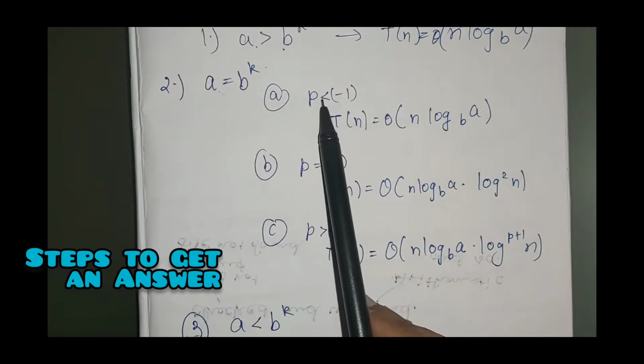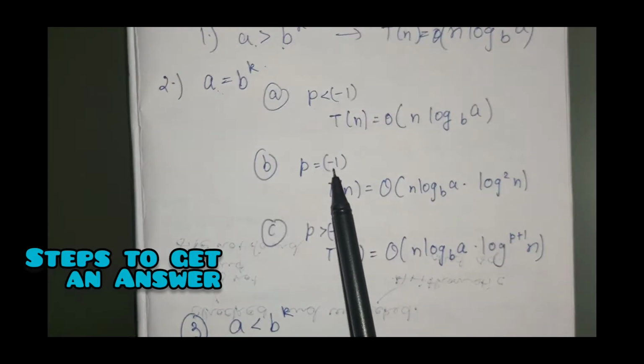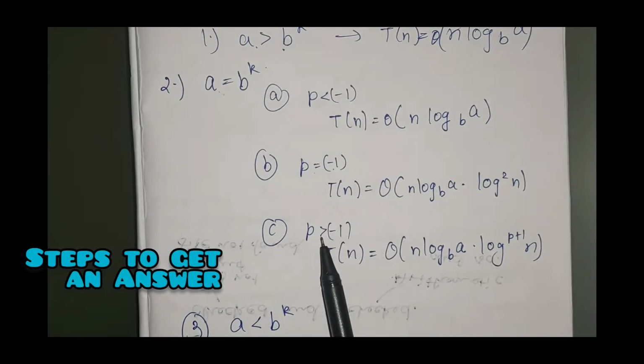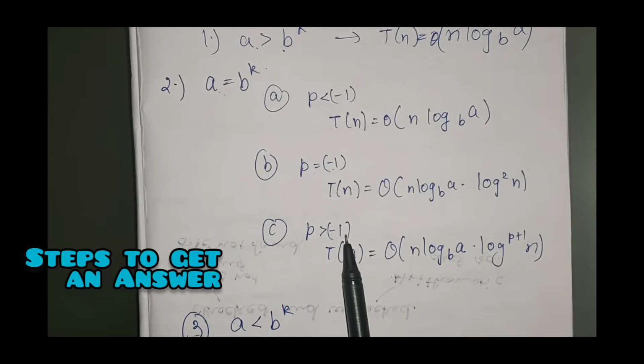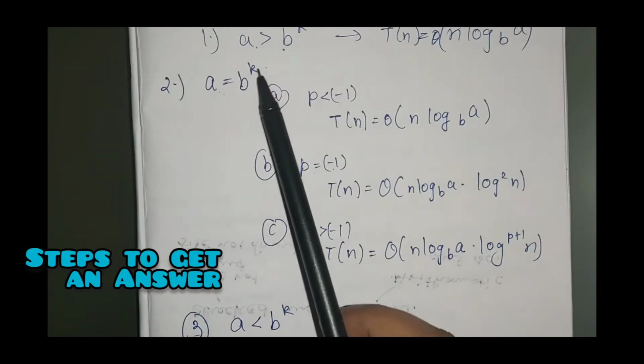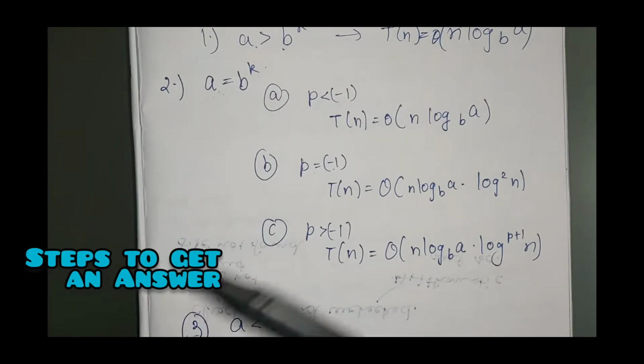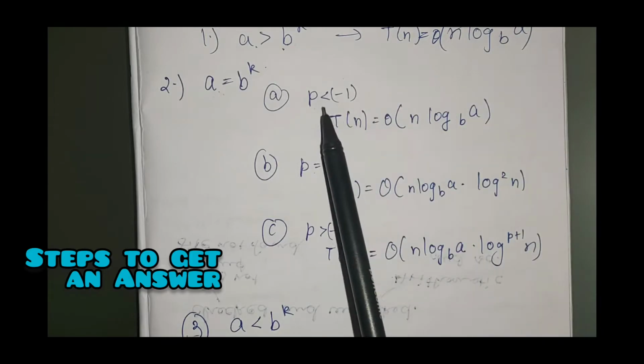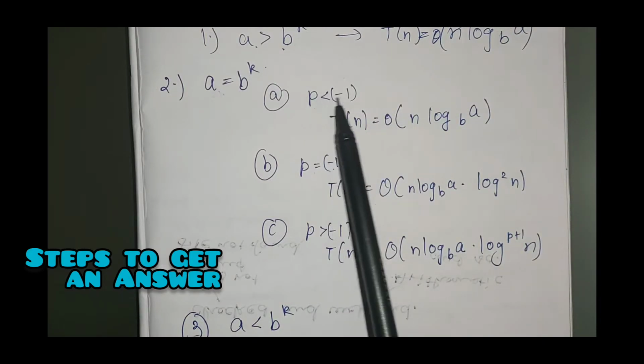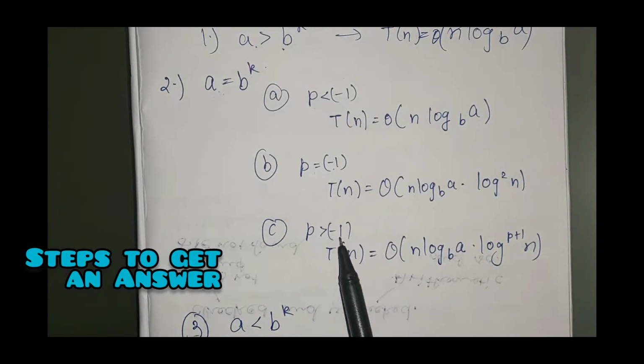If we find that a is equal to b^k, then we have to check three more conditions: p less than -1, p equal to -1, or p greater than -1.